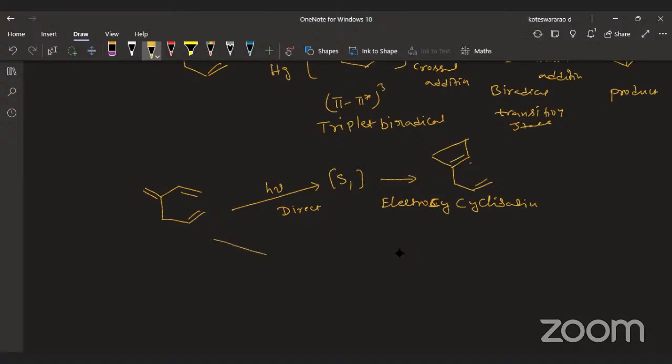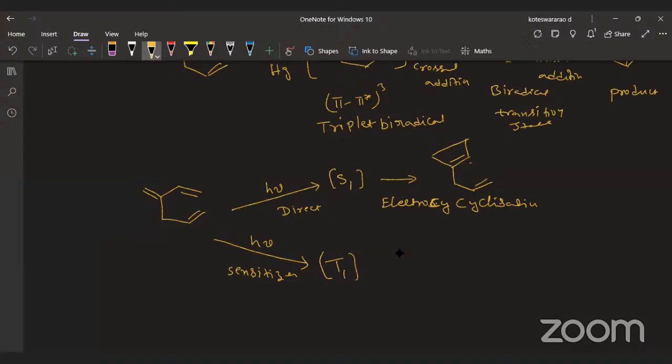Suppose the same starting material is irradiated in presence of a sensitizer. Any triplet sensitizer you are using will be excited. First it generates the singlet state, then the triplet; whatever sensitizer is used will convert into the triplet energy state. The triplet energy is transferred to the molecule, which directly converts into the triplet state.